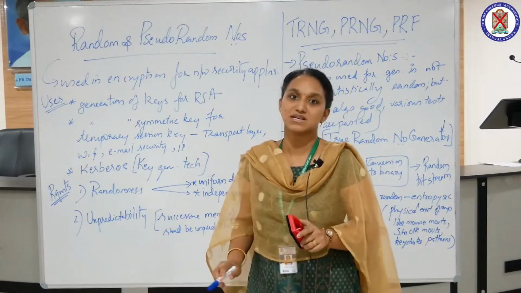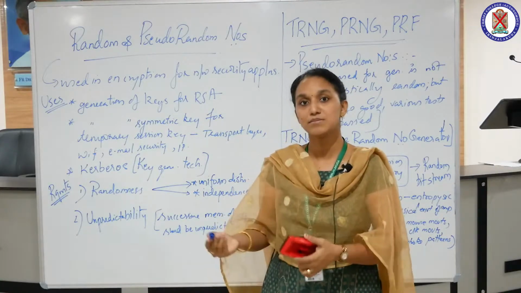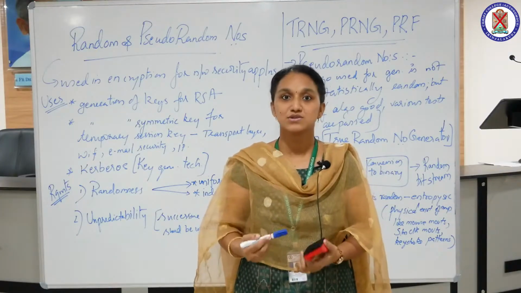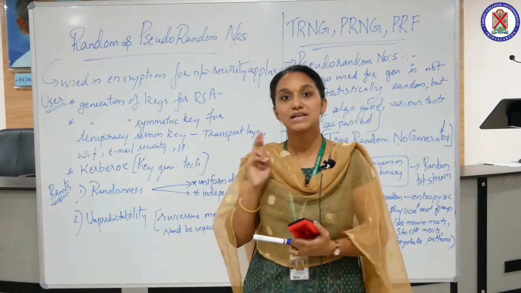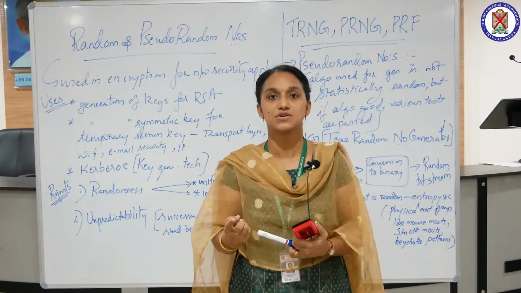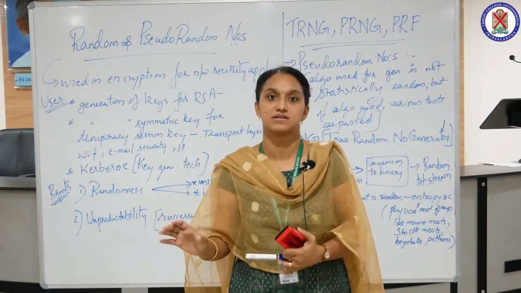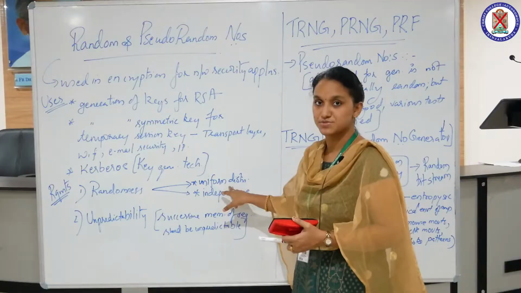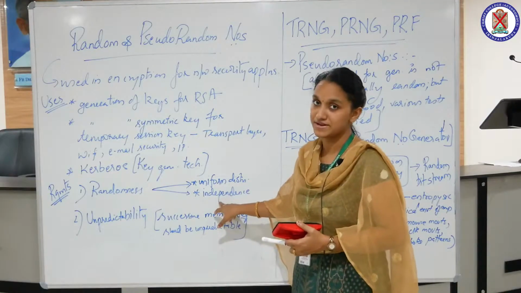As the term suggests, the number which we select as the key must be random. There are mainly two criteria, and if any one of them is satisfied, you can say randomness is satisfied. One is uniform distribution and the other is independence.